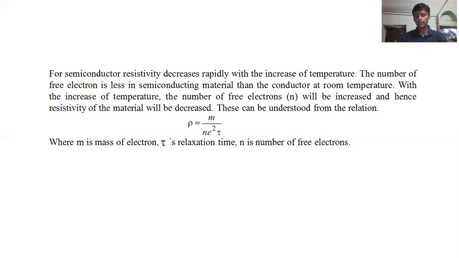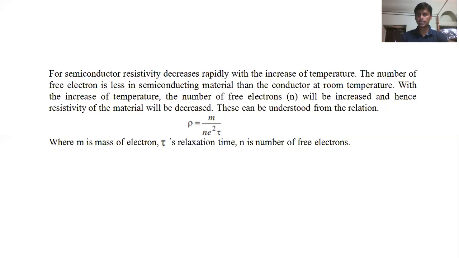R equals ml by n e square tau into A, so here R is inversely proportional to n. So when n increases, that means R decreases. And we have seen the resistivity equation rho equals V by I into A by L.